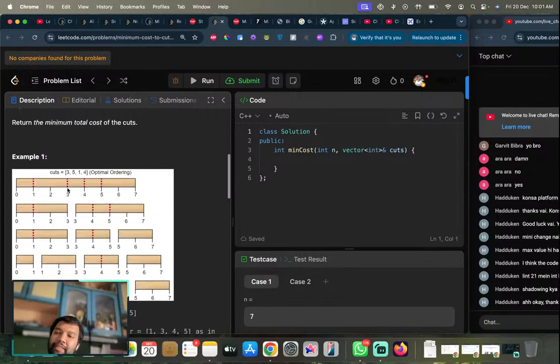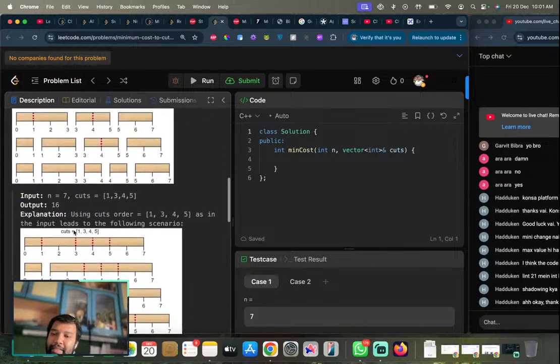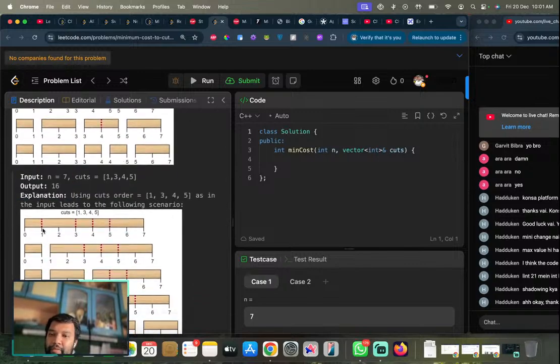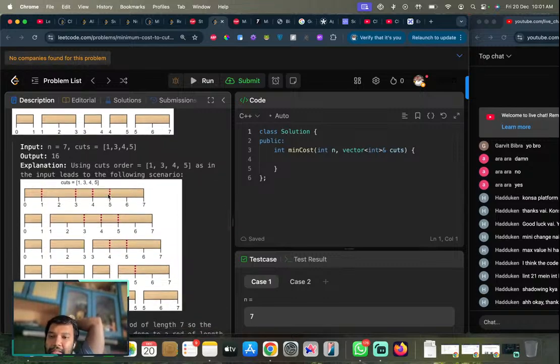So we have this stick and we can make cuts at positions 1, 3, 4, 5. The cost whenever we make a cut: if we make a cut at any of these positions, it will be 7.